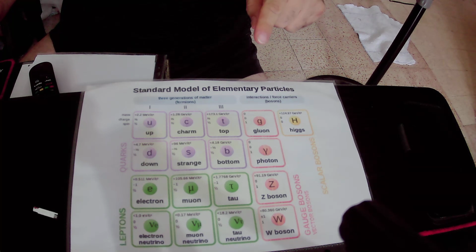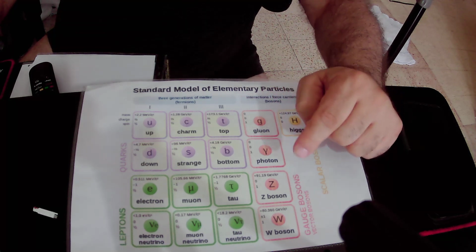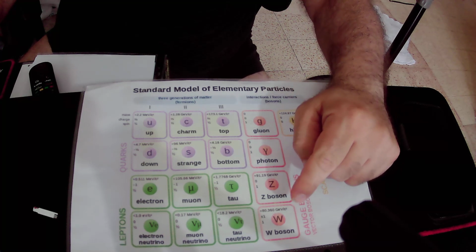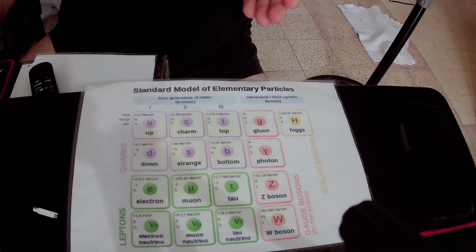We have gluons, actually 8 types of gluon, 1 type of photon, 1 type of boson Z, and 2 types of boson W. So in total we have here 12 subatomic particles, and the 13th subatomic particle is the graviton.